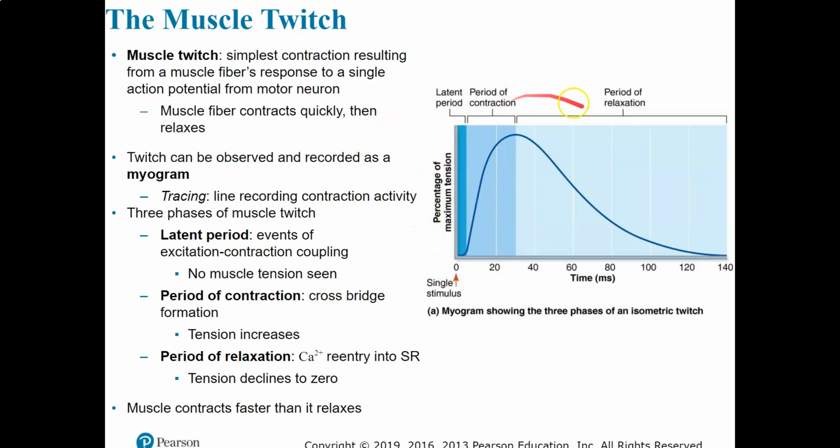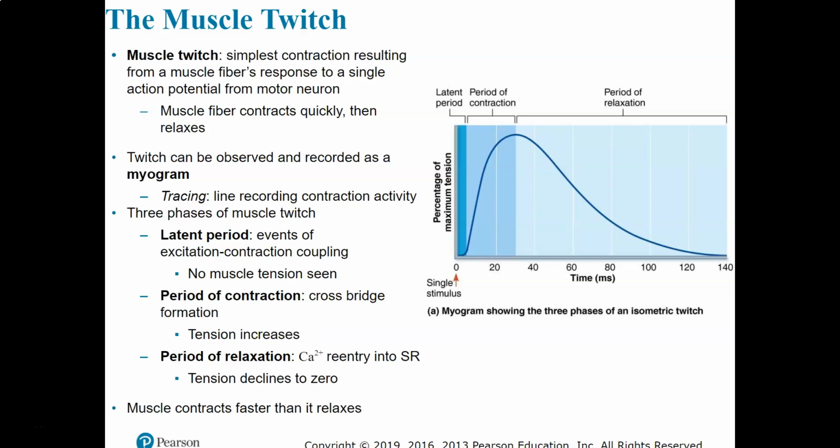And when we look at this graph of a muscle twitch, we have 3 periods. What's called the latent period, the period of contraction, and the period of relaxation. The latent period is going to be the period between the time when the muscle is stimulated and when it starts to contract. During that time, we are going to have the events of excitation-contraction coupling.